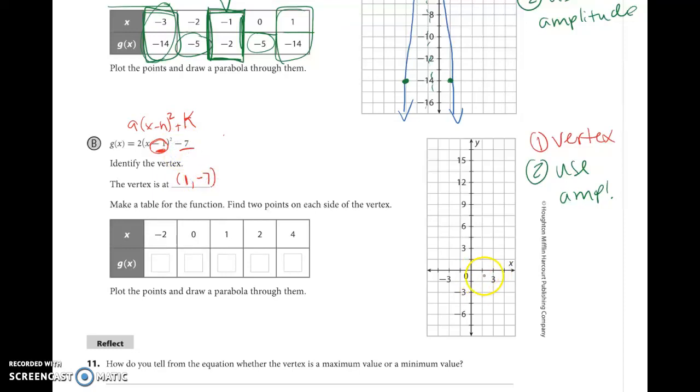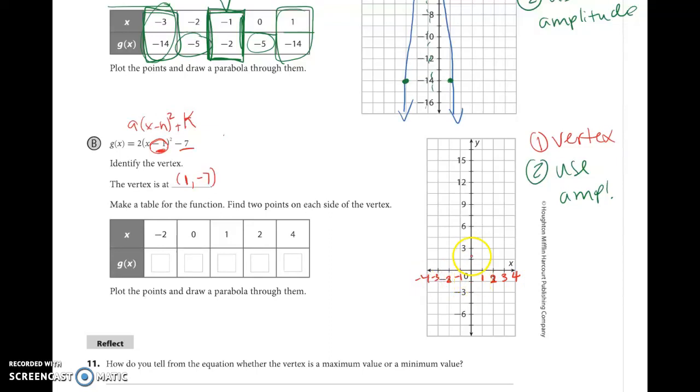So I'm going to plot that here, and I'm looking at this graph, and I see that they're counting by like 3 is this mark, which makes this 1.5. So I'm not really sure why they're labeling theirs the way they are. So I'm actually going to relabel theirs. So I'm going to call this 1, 2, 3, 4. This would be negative 1, negative 2, negative 3, negative 4.